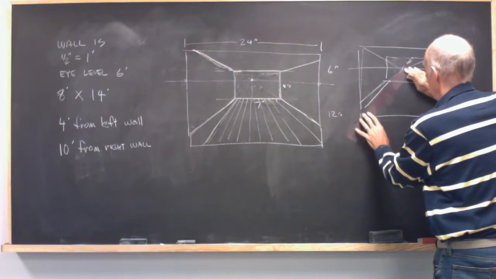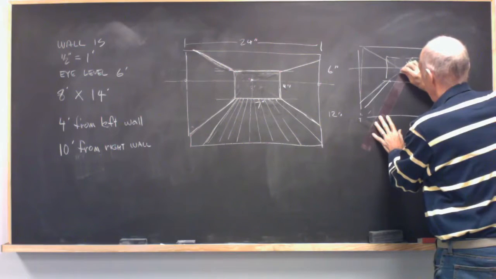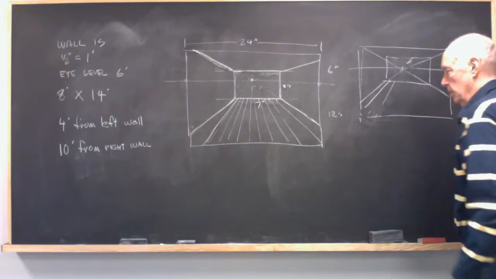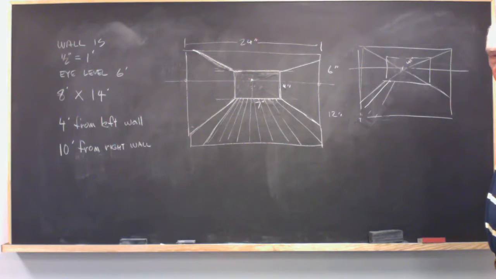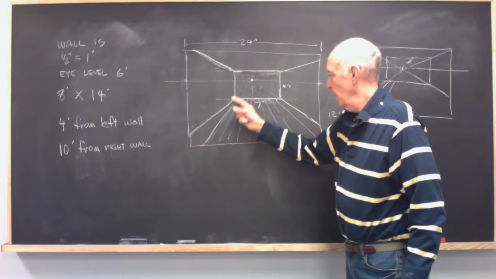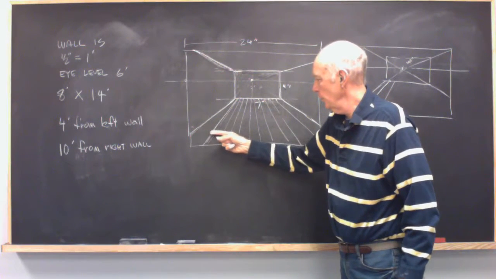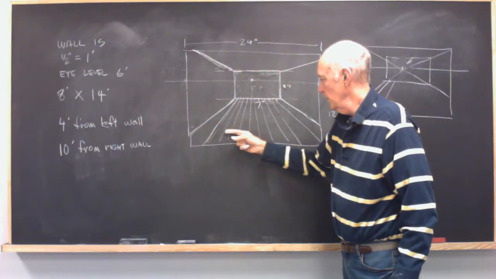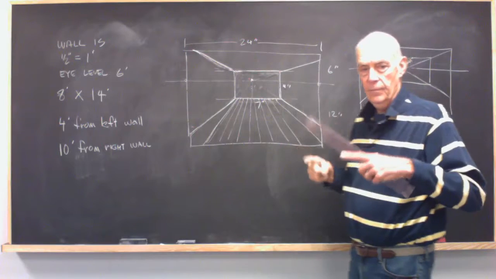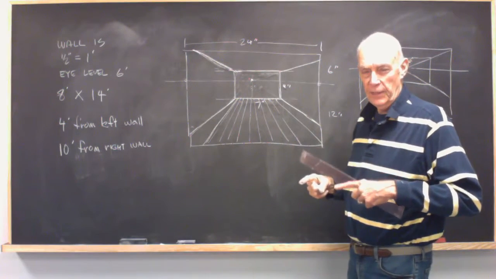And you go on to the next one, and you draw a line. And you go on to the next one, and you draw a line, until you get 14 lines in there. Now, what this means is that this is 1 foot here, this is 1 foot, this is 1 foot. Every converging line in there are 1 foot sections.